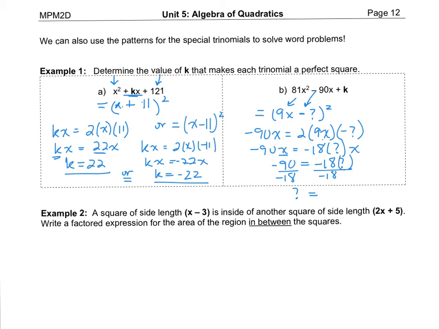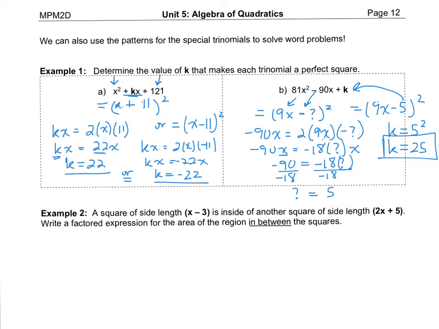When I calculated that in my calculator, I got that the question mark would have to be a 5. So that then means that this is going to equal 9x minus 5 squared, which then, if I work backwards, means that k has to equal 5 squared, which is 25. So if k equals 25, that will factor as a perfect square trinomial.